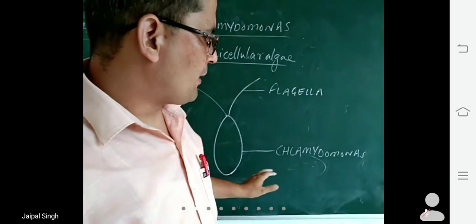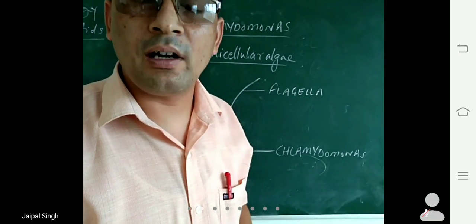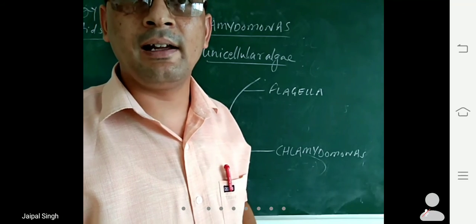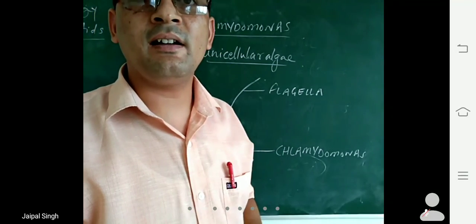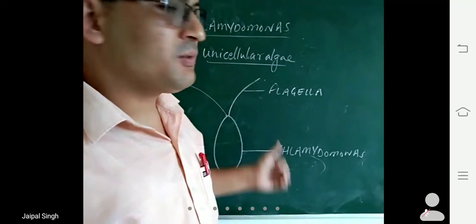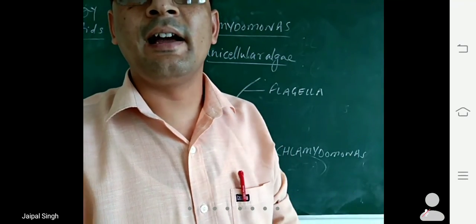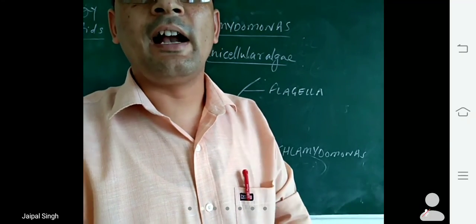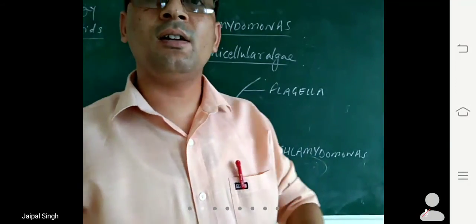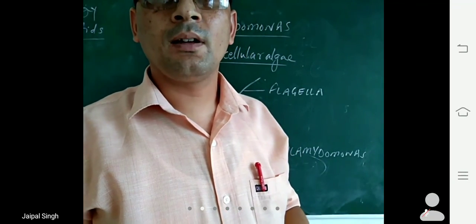So chlamydomonas, the body is unicellular. The chlamydomonas is a unicellular algae. And it is biflagellate, means two flagella are present, and with the help of these flagella it moves. These flagella help chlamydomonas to move. And basically algae are present on the surface of ponds, on the surface of lakes. Clear?